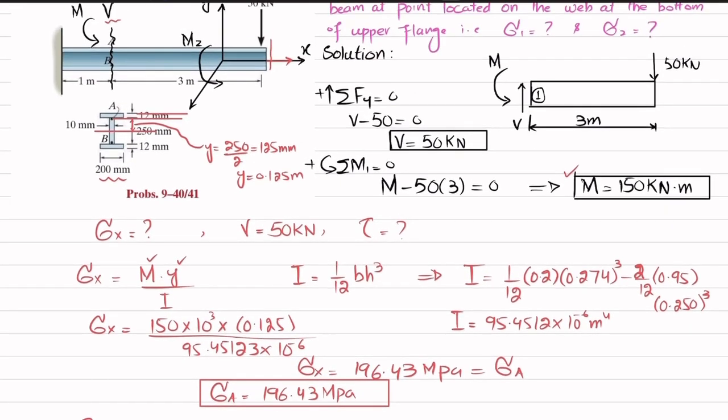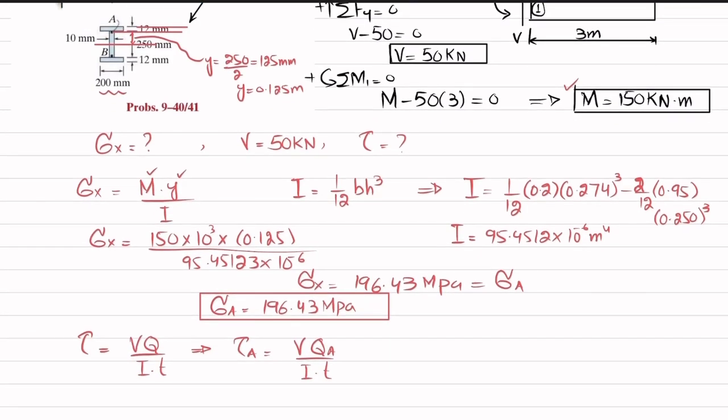You can see that since this point is here, the area above the point A will be taken, and we know that QA is equal to y dash bar into A dash. So A dash is this area which I am going to shade.